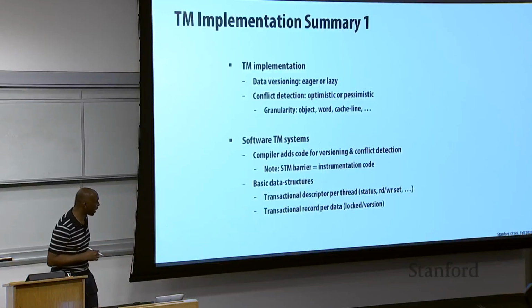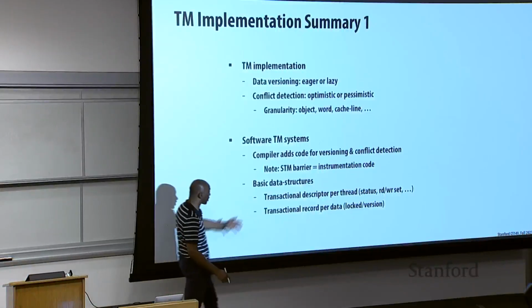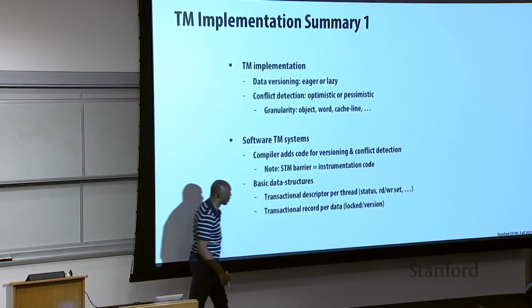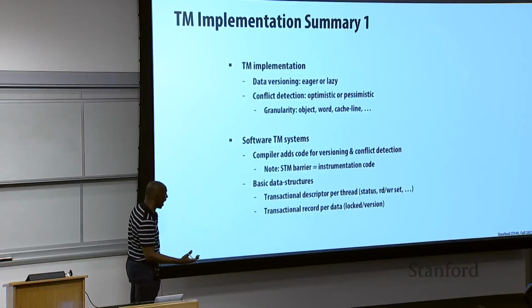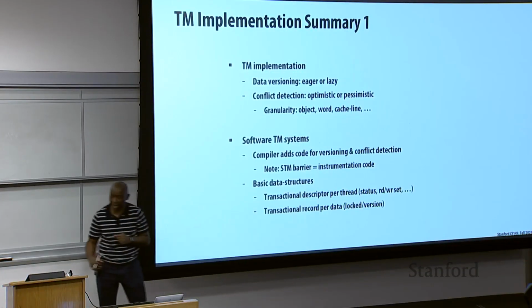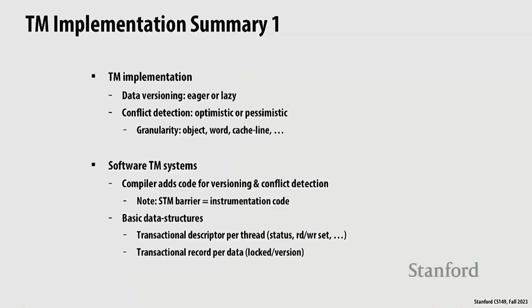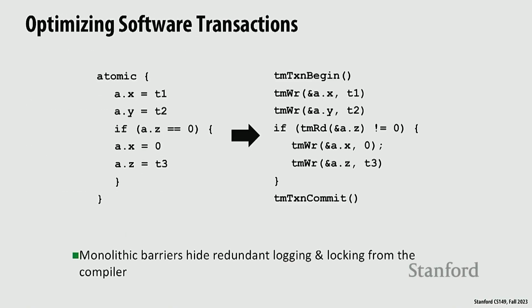The basic data structures are the transaction descriptor per thread or per transaction, and transactional records per data that keep track of the state of the data, whether it's locked or its version number.